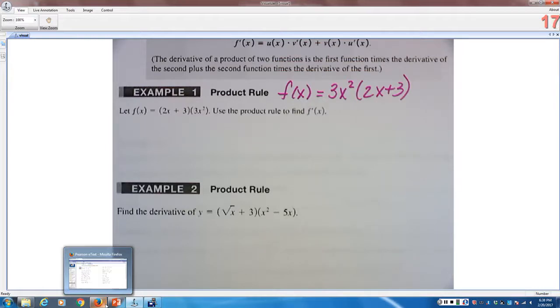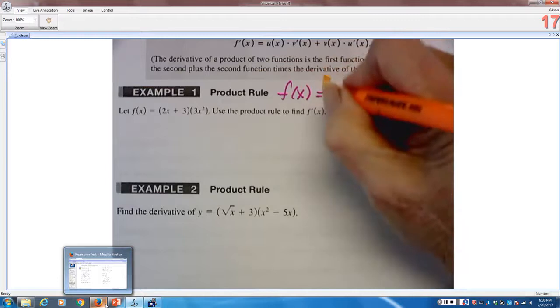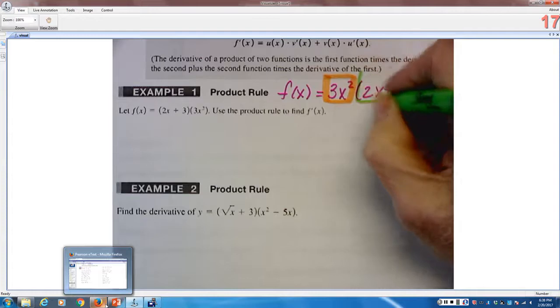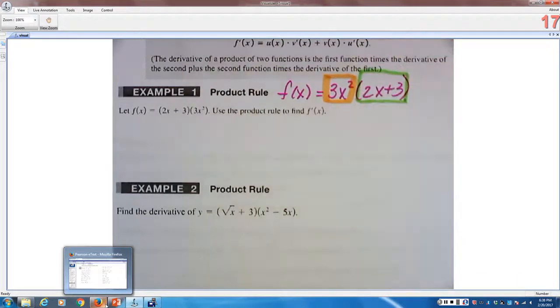You actually have two pieces here, and you have to separate it out into its pieces. So we've got the first factor, and we've also got a second factor. And what happens is we have to take the derivative of each factor.